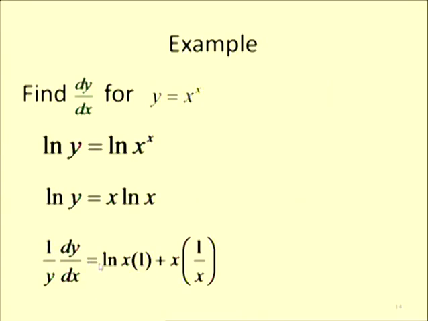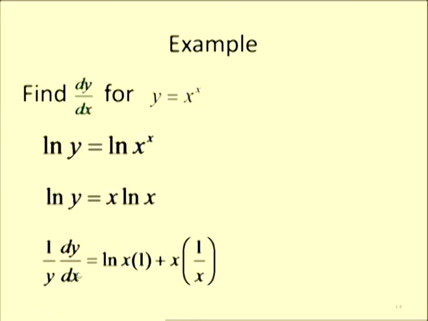Now this is equal to, here we have a product of two functions, one is x, another is log x. Using the derivative of the product of two functions, we keep one function, that is log x, as it is, into the derivative of x, that is 1. Plus here x we keep as it is, into the derivative of the second function, that is log x, which is 1 upon x.